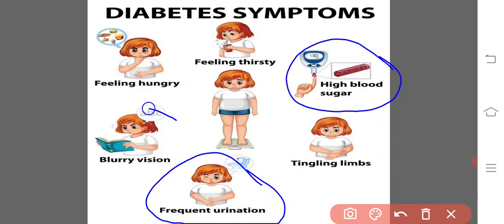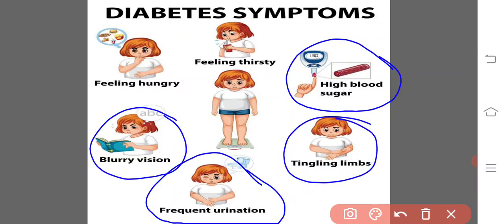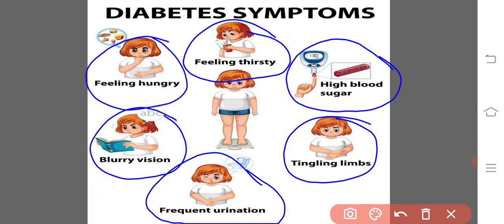Sometimes you may also see blurry vision, tingling of limbs, excessive thirst, known as polydipsia, and feeling hungry due to the loss of glucose through urine.